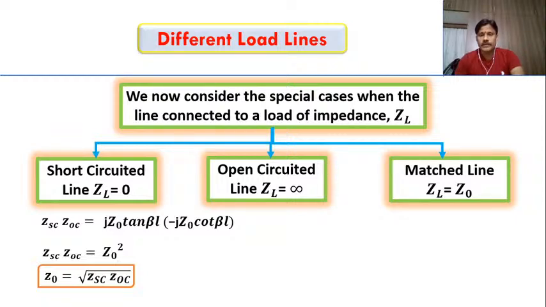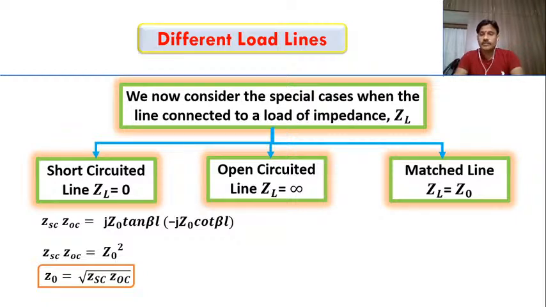In addition to no reflections, the maximum power can be transferred from source to load. Whatever power you have at the input, the same power can be propagated through the transmission line without any losses.